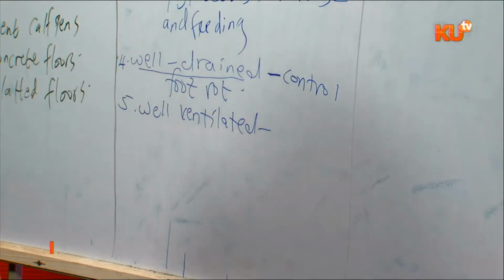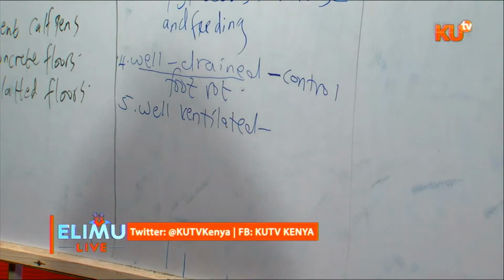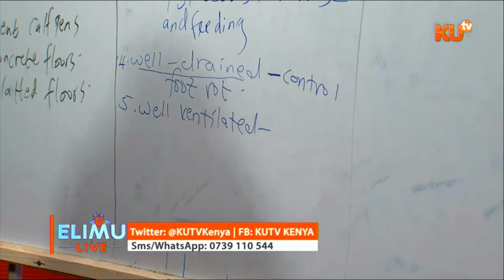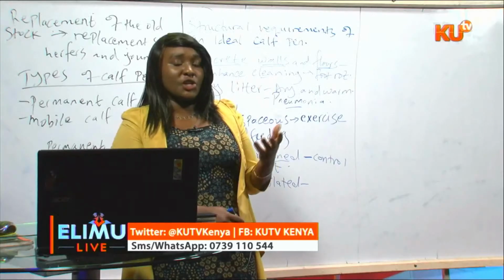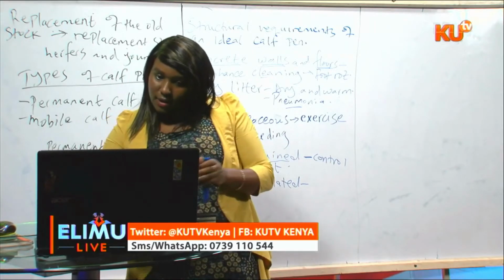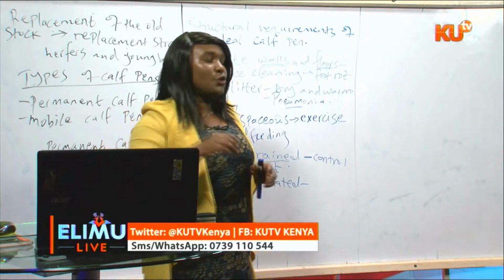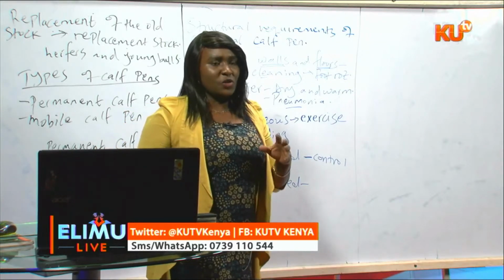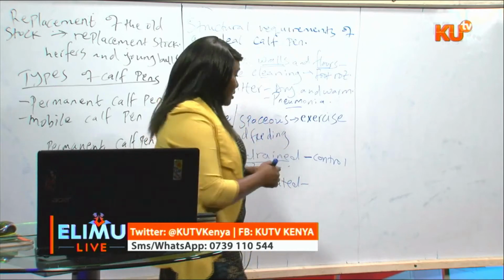Well ventilated rooms, of course, are brought about by making sure that you put wire mesh. You make sure that there's a portion of the calf pen that has wire mesh.